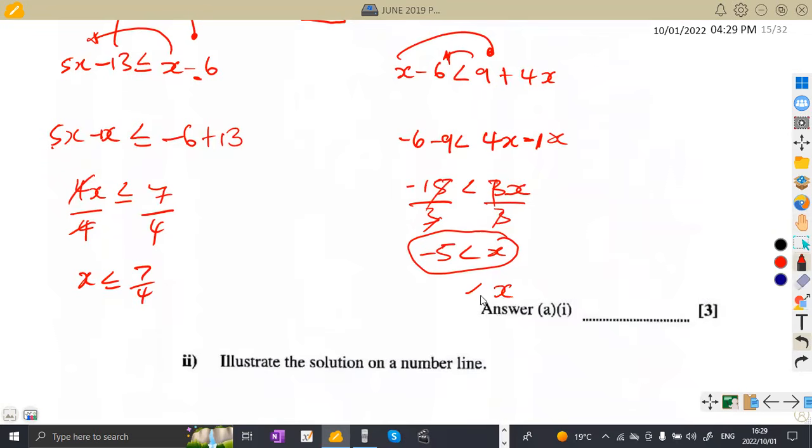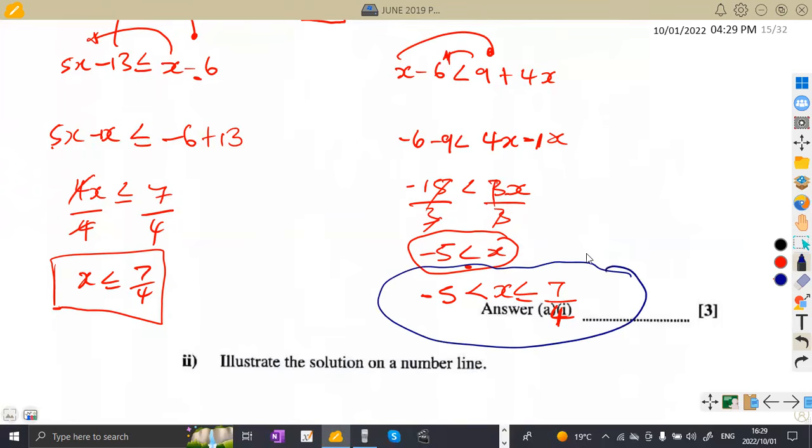The same x is less than or equal to, take note, 7 over 4. So this is your answer for this question. Or you can write 7 over 4 as 1 and 3 over 4.